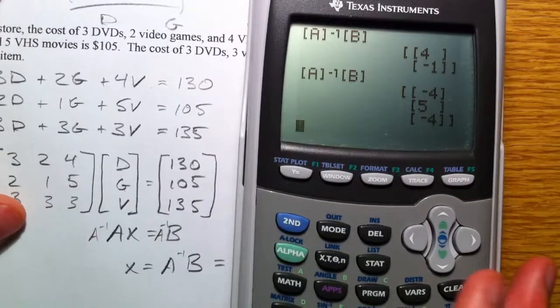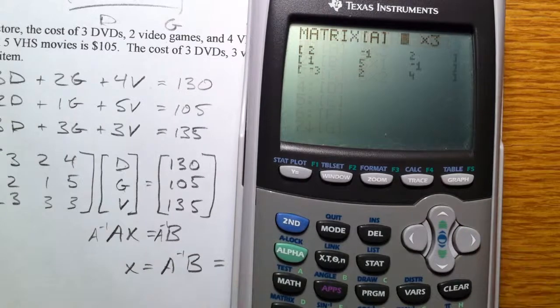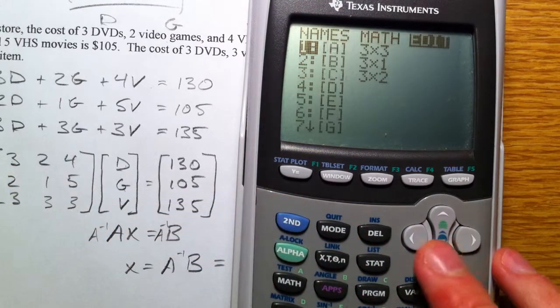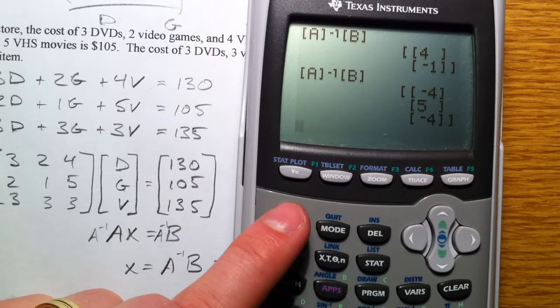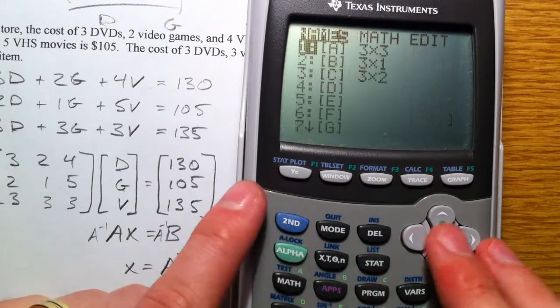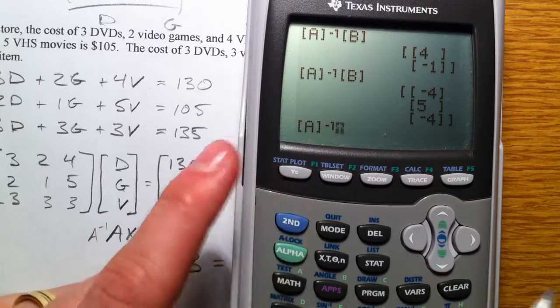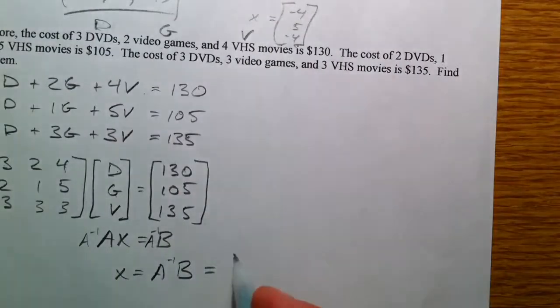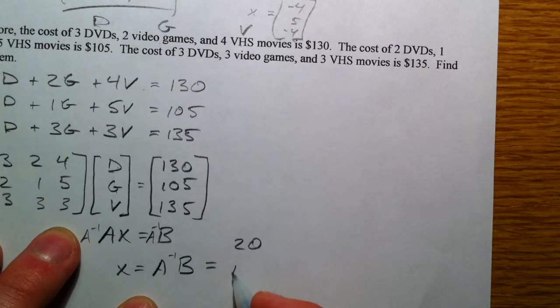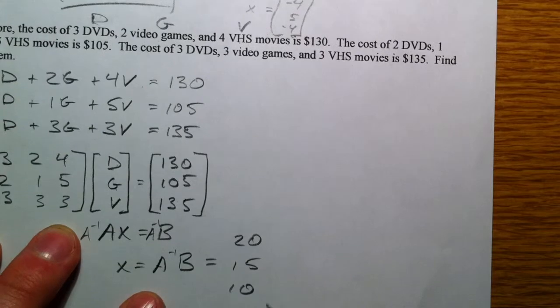Alright, let's see if we can do this. Matrix A. Matrix B is a 3 by 1: 130, 105, 135. And matrix A inverse times matrix B gives 20, 15, 10. So what does that mean?